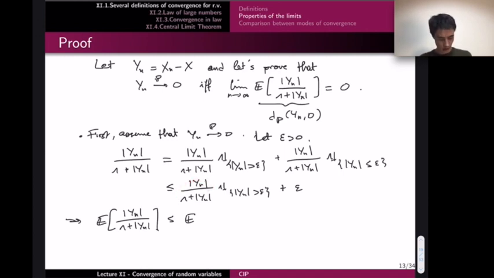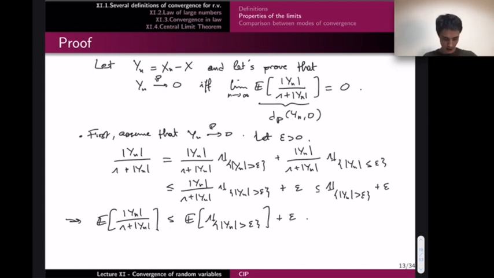So this is also smaller than the indicator function of Yn greater than epsilon, plus epsilon. And the expectation of epsilon is just epsilon.